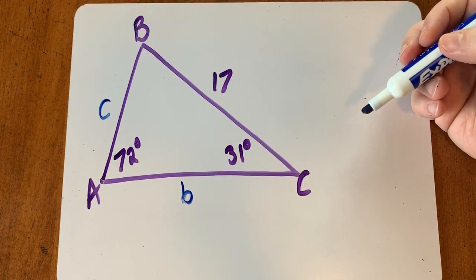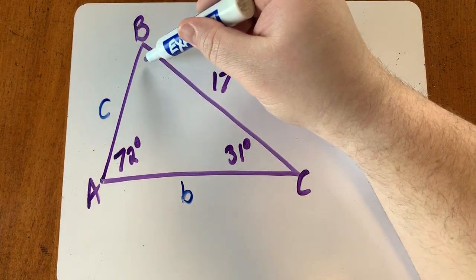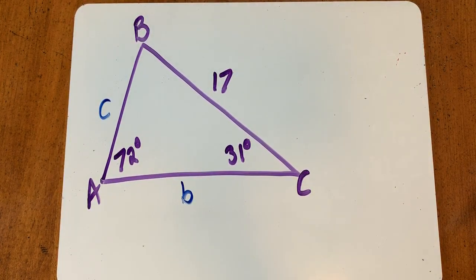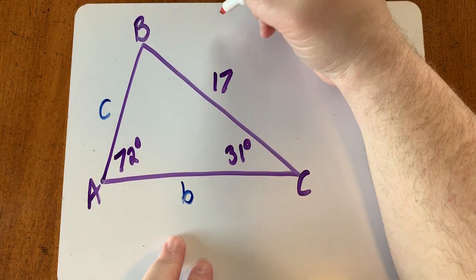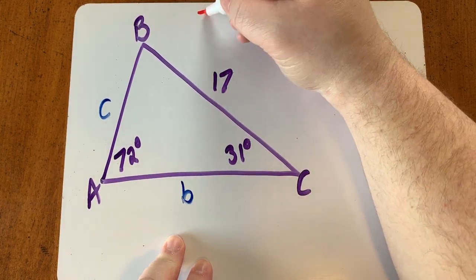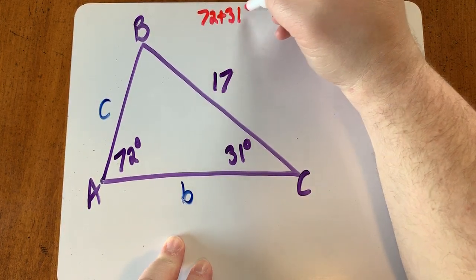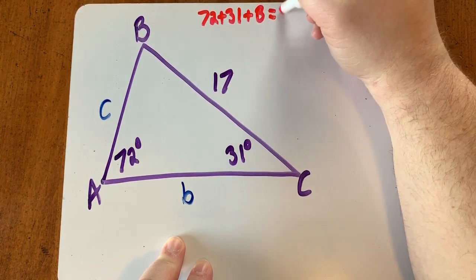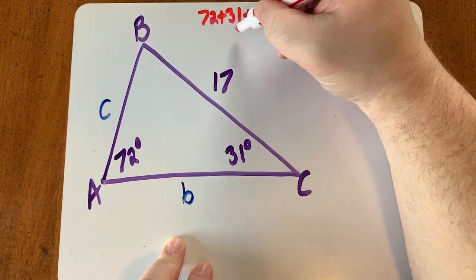Well, one of them we don't need trig for. If you know two angles in a triangle, you can find out the third angle in the triangle because all three angles add up to 180. So 72 plus 31 plus B equals 180.